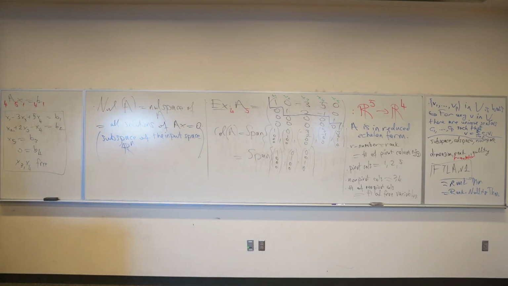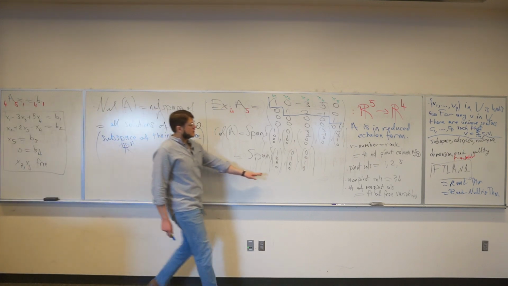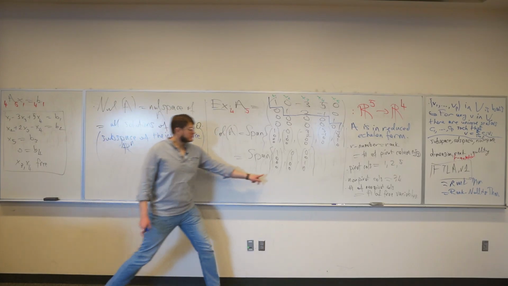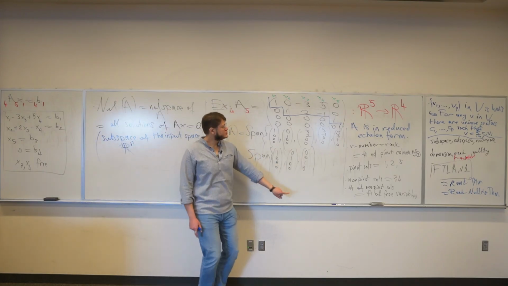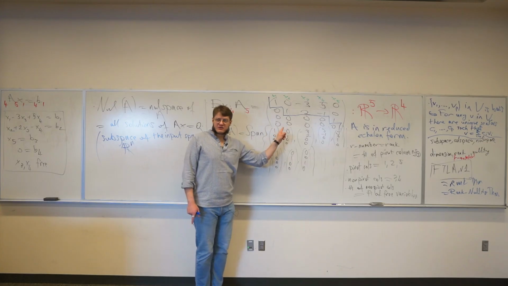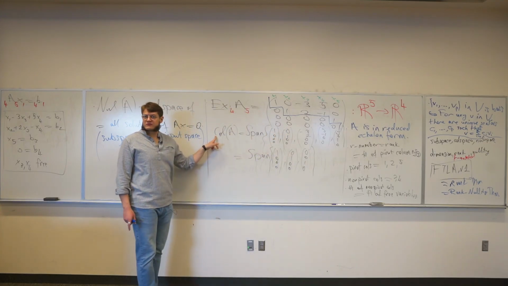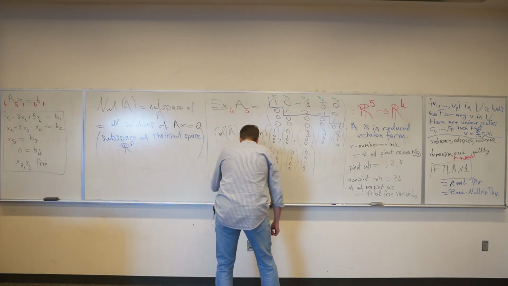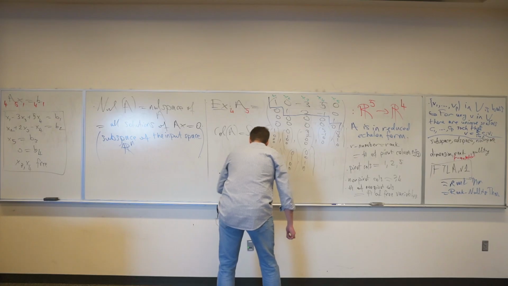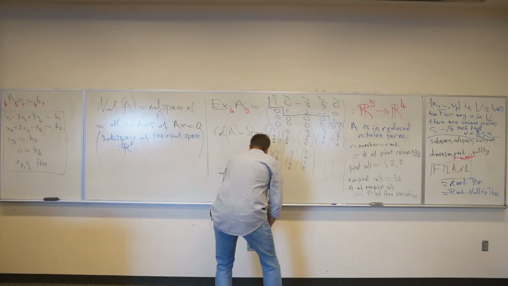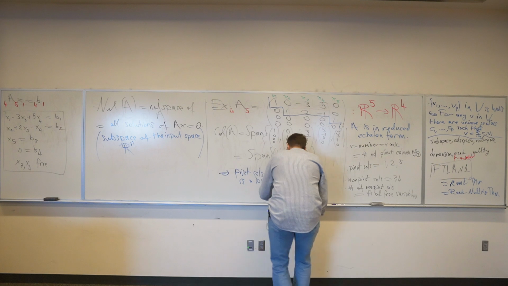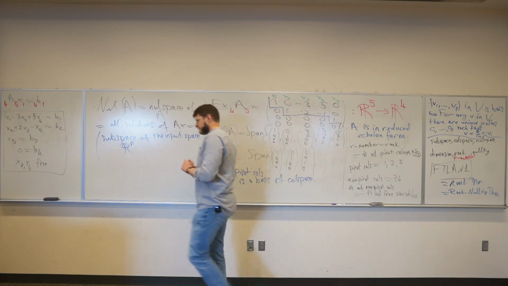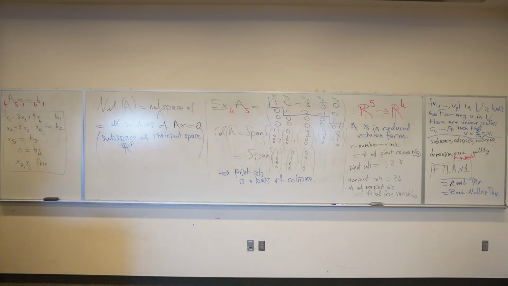What is the benefit of doing this? Well, it's rather straightforward to see that these three vectors are linearly independent, which means that these three columns, which ultimately are the pivot columns, constitute a basis for the column space.